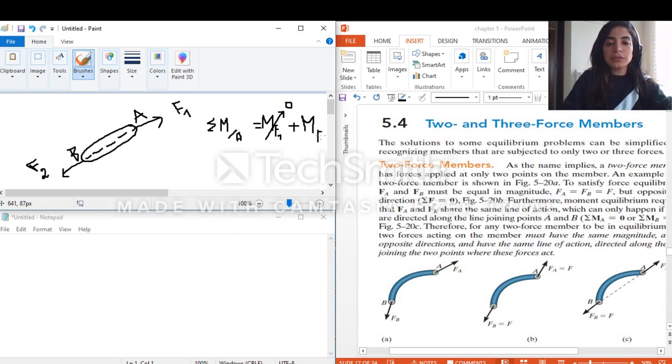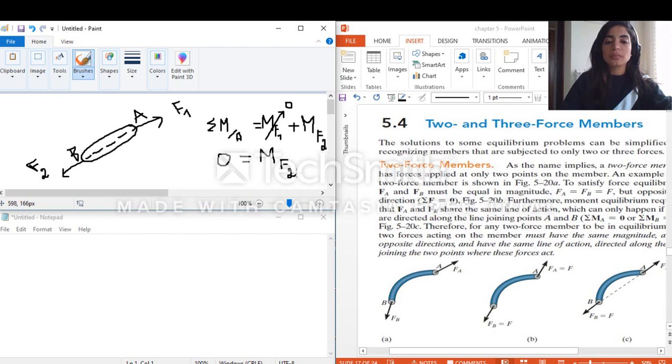Of F2. So the sum of moments around A is basically equal to the moment of F2. Now I know, guys, in equilibrium that the sum of moments should be equal to 0, which means that the moment of F2 should also be equal to 0.